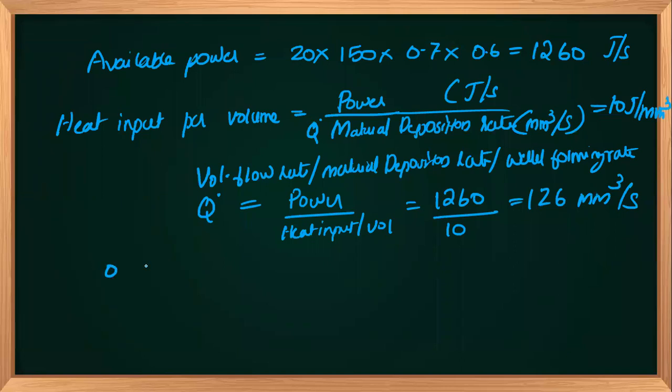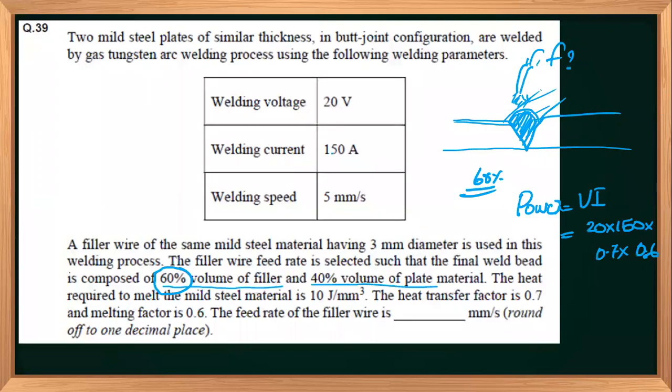Okay, so out of this one, 60% is deposited by wire, right? So 0.6 into this one, Q star, will be equal to what? That will be the volume melted by the wire melting rate. So what will be the wire melting rate? We know that welding speed is there, so we have to multiply it with this. So area into welding speed, or you can directly get that feed rate, right?